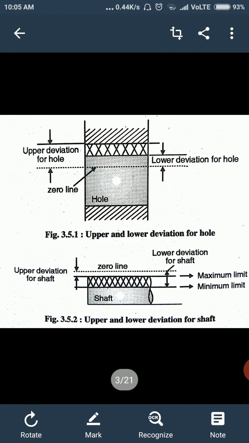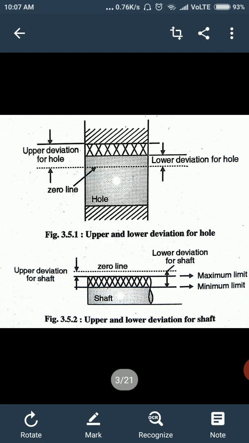Deviation can be defined as the algebraic difference between actual size and basic size. So here in this drawing, the dotted line is the basic size, also called the zero line.